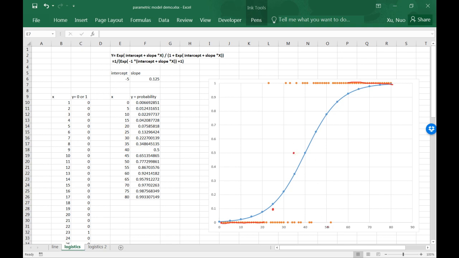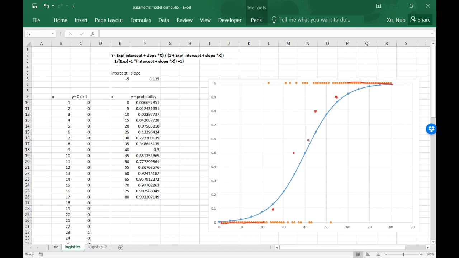Between 40 and 50, out of 10 instances, only 2 are 0. Therefore, 8 of them are 1s. Therefore, within this range, the probability for the target variable to take on the value of 1 is about 80%, which is right here. Here it will be 90% in this range.